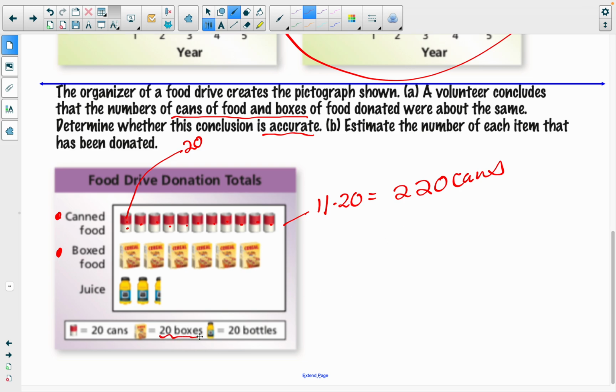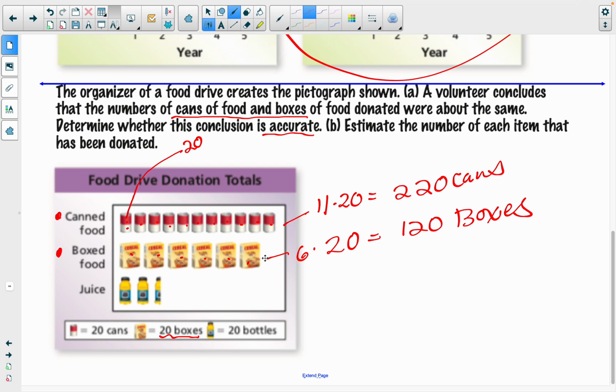A box represents 20 boxes, okay? And I have 1, 2, 3, 4, 5, 6 boxes. 6 times 20 is 120 boxes. Are they the same? Not even close. But picture-wise, they look the same.